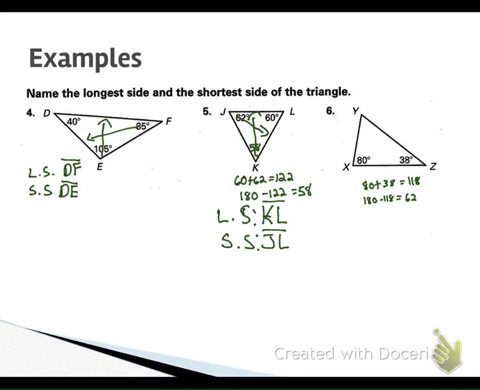So which one is our longest side? So longest side is the one directly across from that 80 degree angle, which is YZ. And then the one that is the shortest side is across from our smallest angle, which is YX.